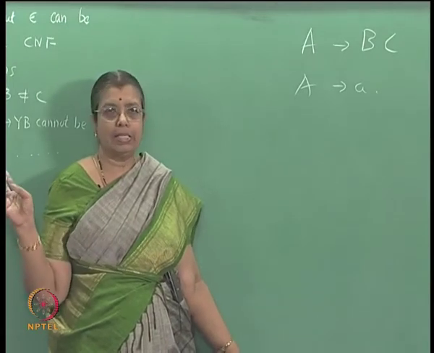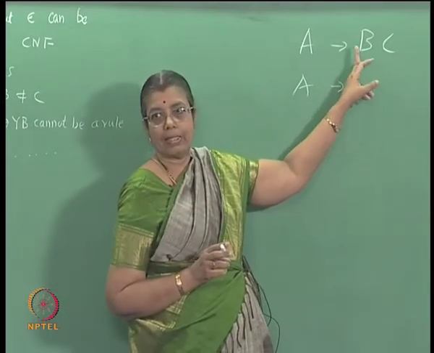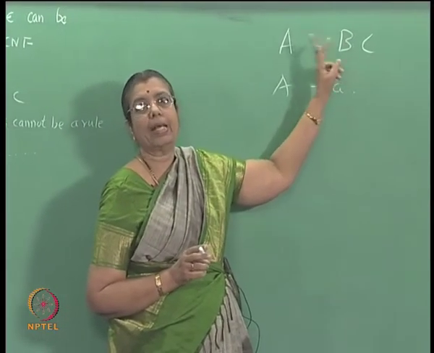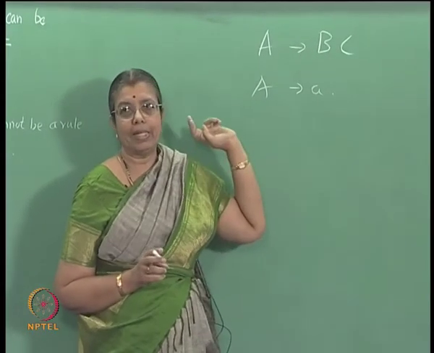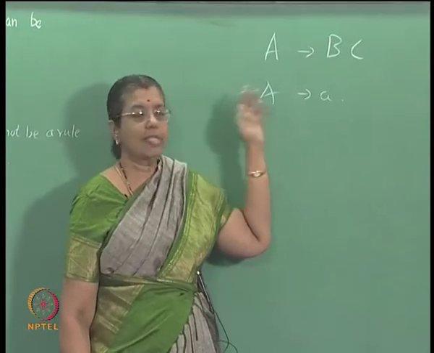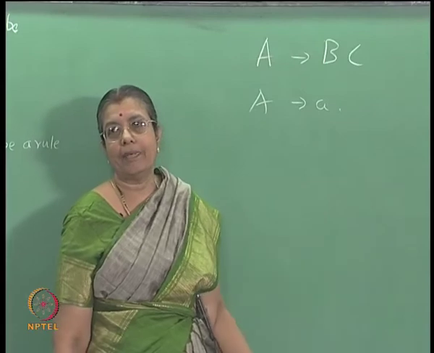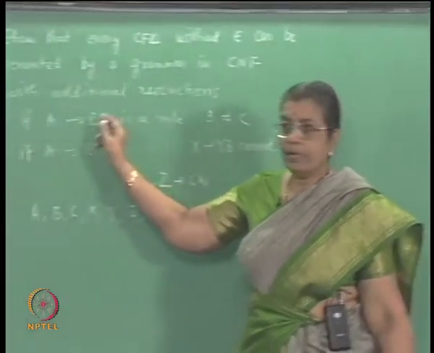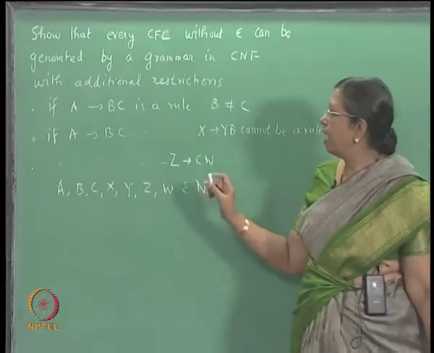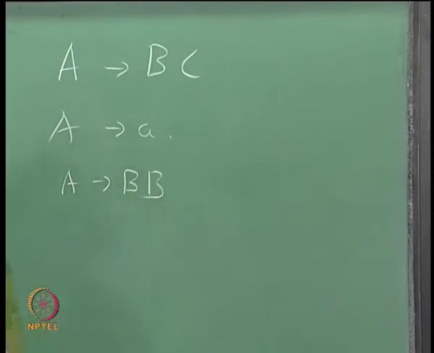What this says is, if something occurs as the first symbol on the right hand side, it cannot occur as a second symbol on the right hand side for any rule. And if something occurs as a second symbol on the right hand side, it cannot occur as the first symbol on the right hand side. That is why you cannot have this equal to this. You cannot have a rule of the form A goes to BB, right.